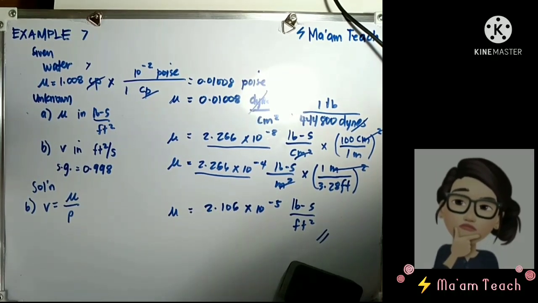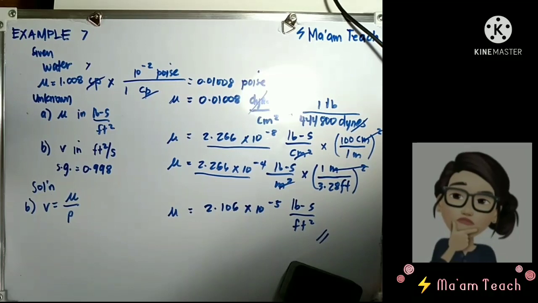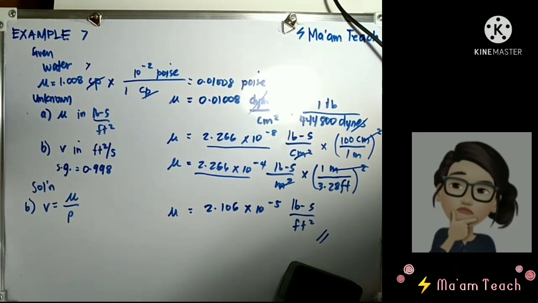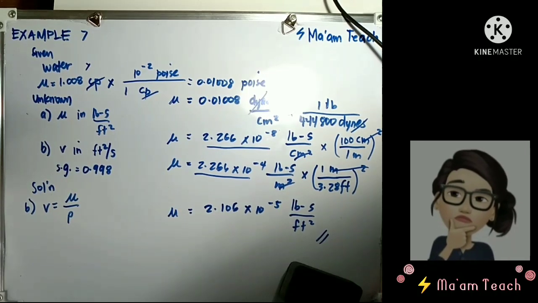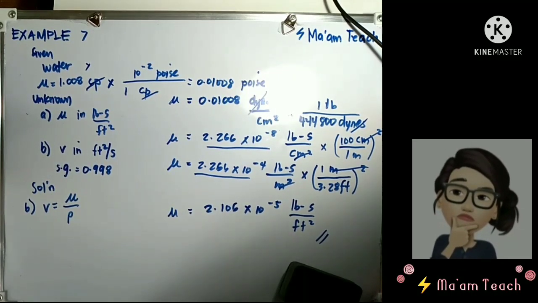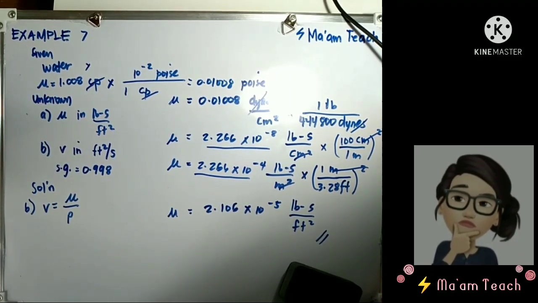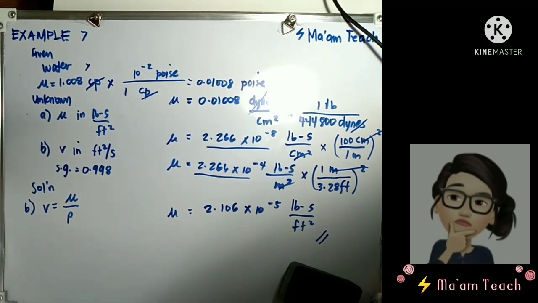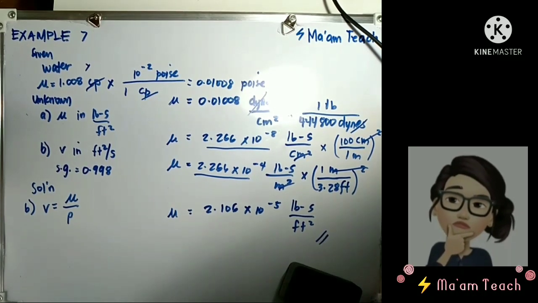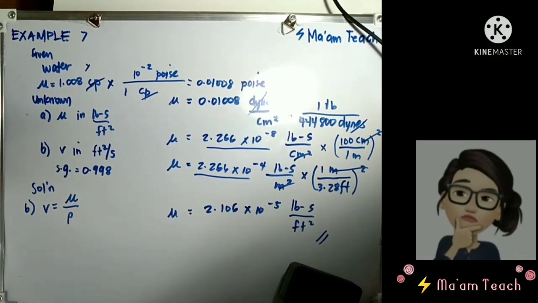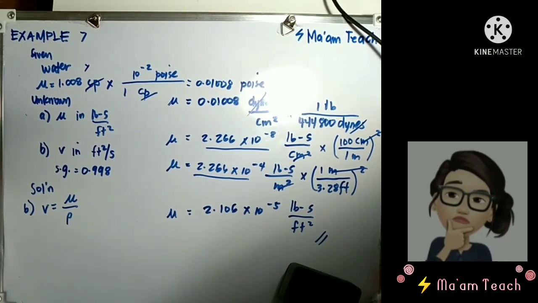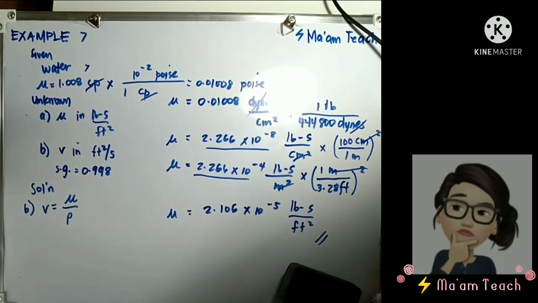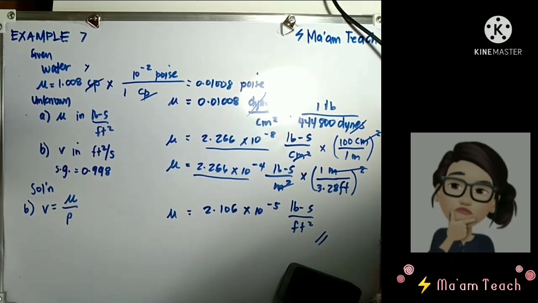We have here a value of density, which is 1.94 slugs per cubic foot. But take note that this value, class, is at 4 degrees Celsius only. So therefore, we cannot use this constant value of the density of water in this problem.